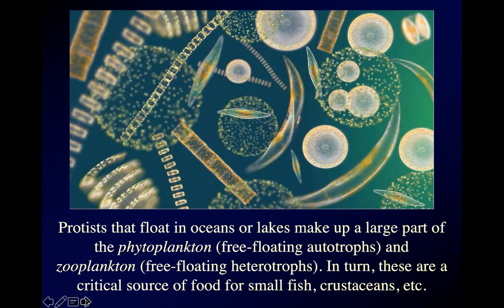There are lots of photosynthetic protists that make up what we call the phytoplankton. These are the photosynthetic plankton. If you've ever seen a pond or a lake in summer and noticed that the water has taken on kind of a greenish tinge, that's because there's lots of phytoplankton in it.